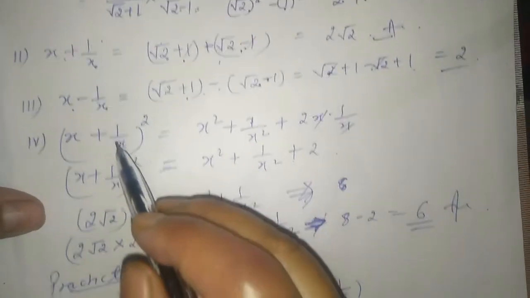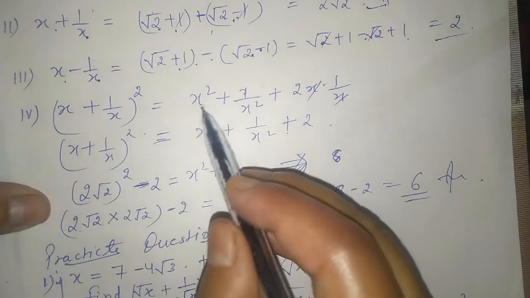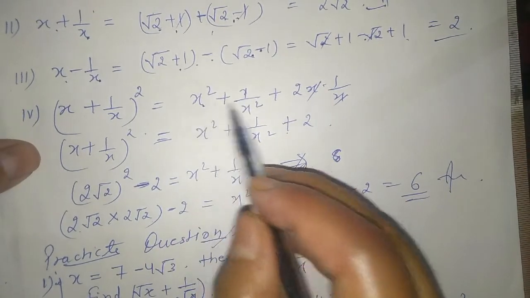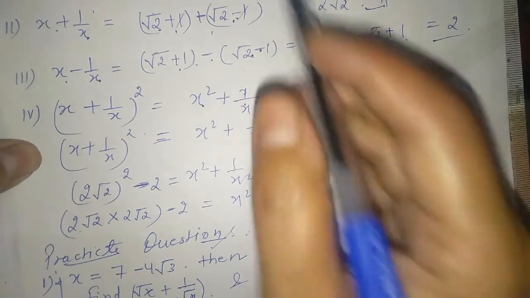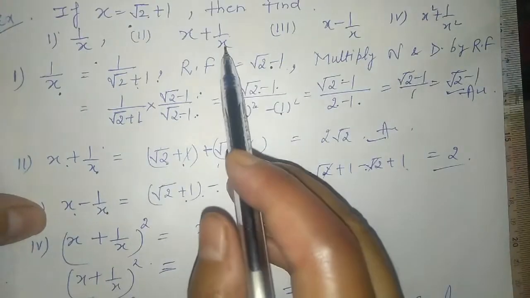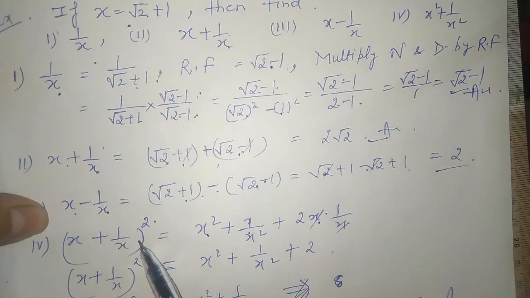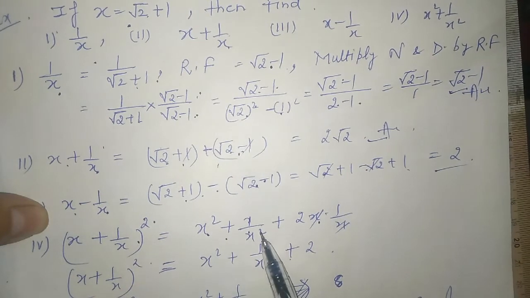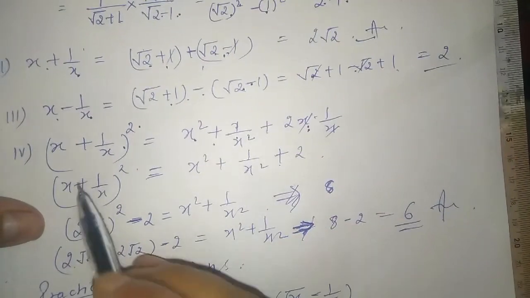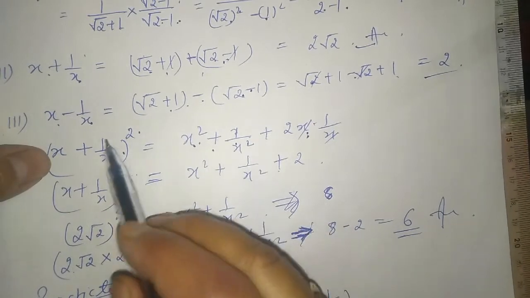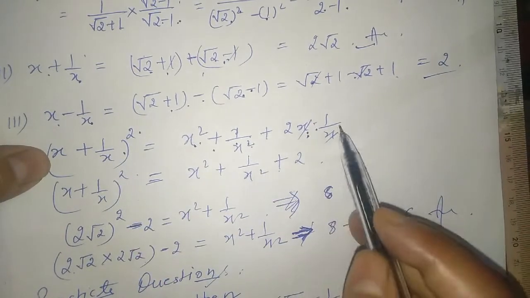Similarly, (x + 1/x) whole square. So it is a² + b² + 2ab. We have to find x² + 1/x², so we square x + 1/x using (a + b)². a is x, b is 1/x, plus 2 into x times 1/x, which will cancel out.